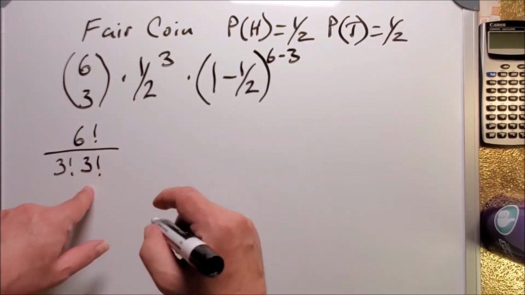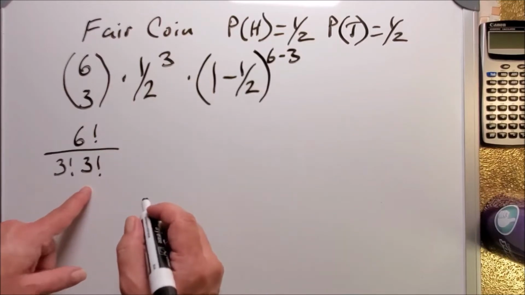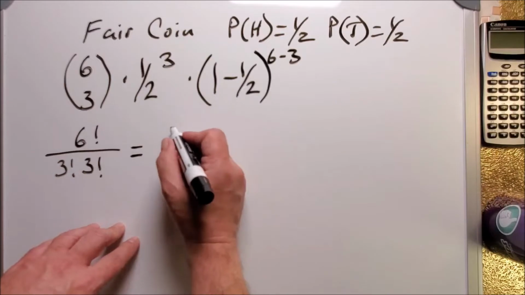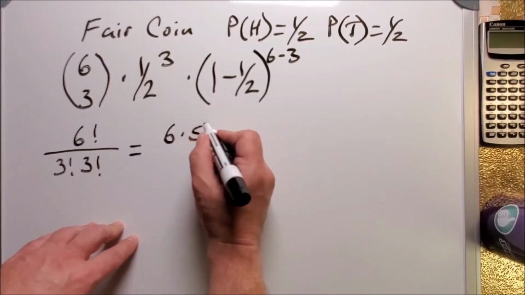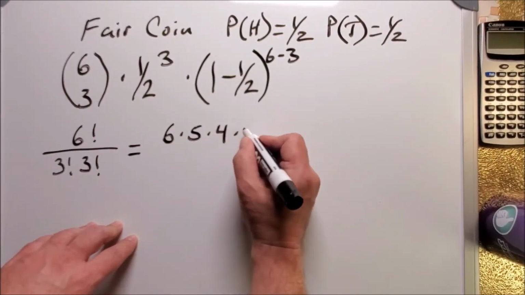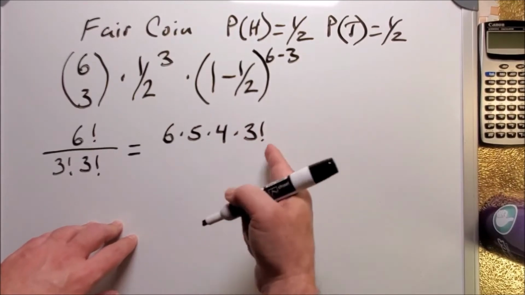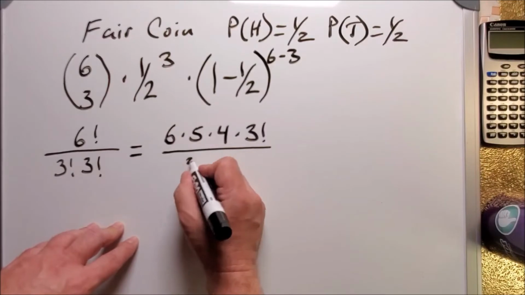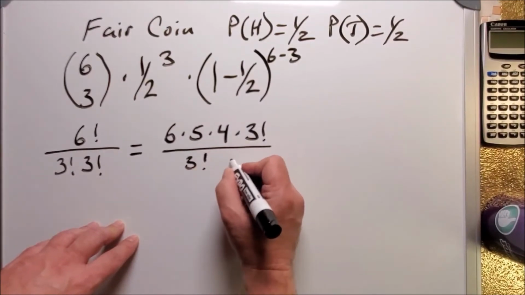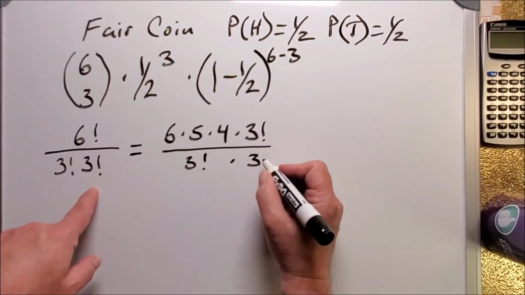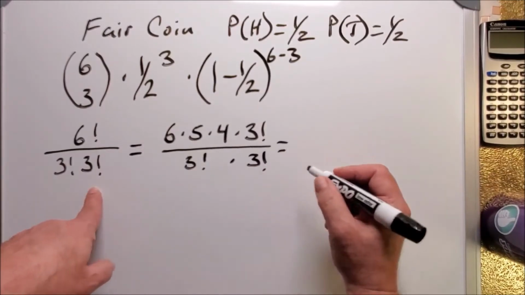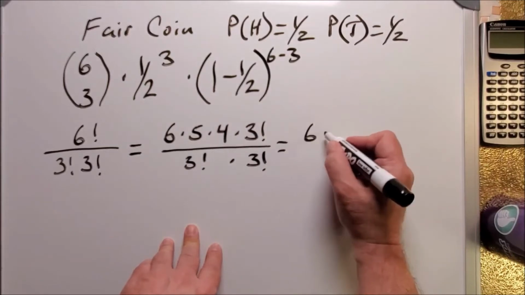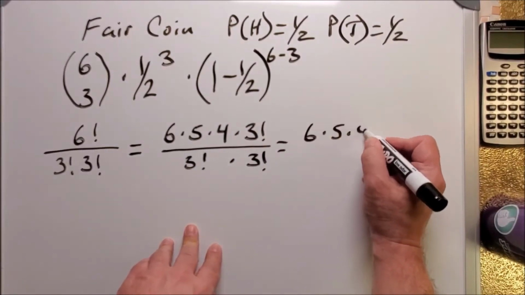Here I will take a shortcut because I'm sure you guys are fine with that. 6 factorial is 6 times 5 times 4 times 3 times 2 times 1, and we're going to put that over 3 factorial times 3 factorial. That's what we have right here. So that's a straight up quick simplification. We can cancel those, and we have 6 times 5 times 4.